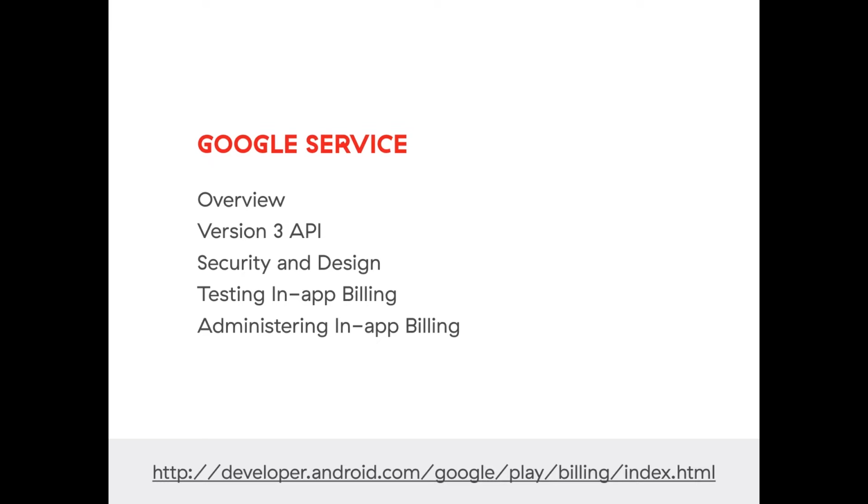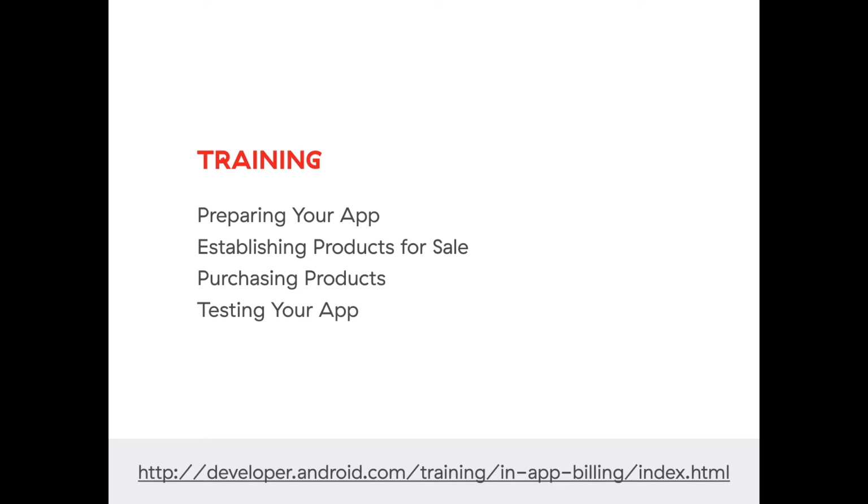So you have a complete overview and training from Google, and it's okay to read, but also download the example app, because that's the section where you see the actual code running. You can also make a project for that sample app and really test the app, not just look at the code.